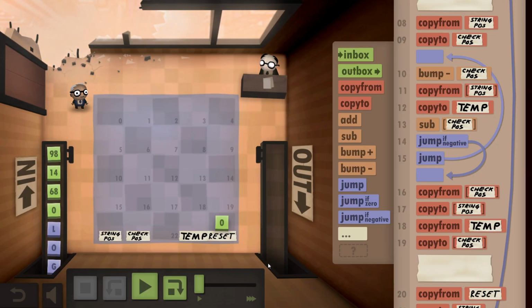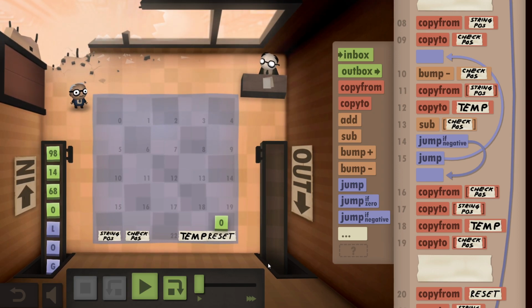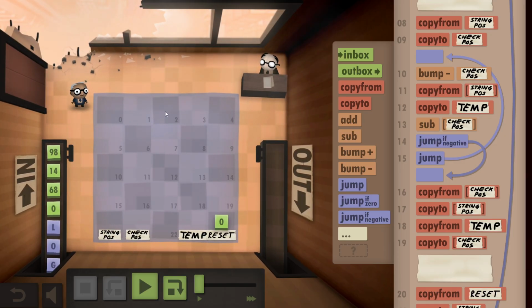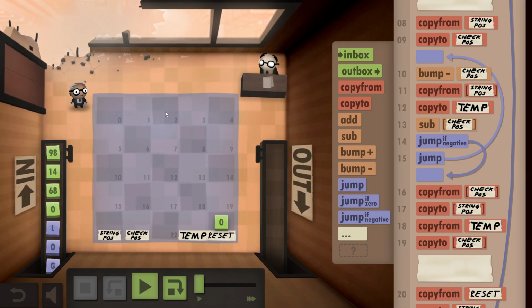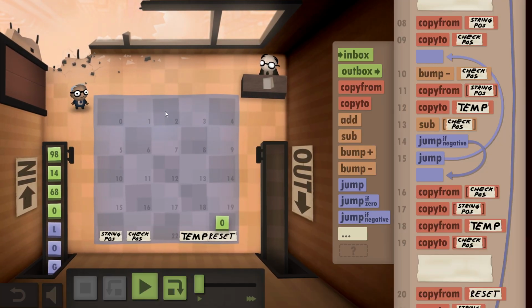Okay, so we have these 2, right? Then we take the next one and check against this. And let's say they have to change.